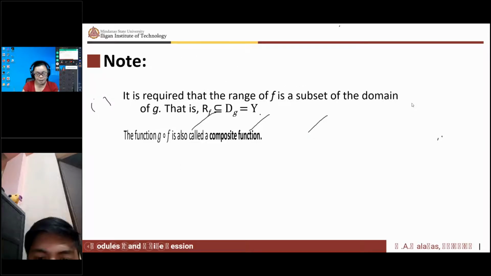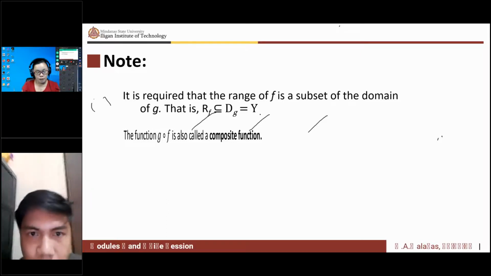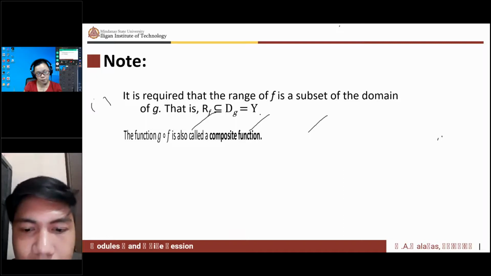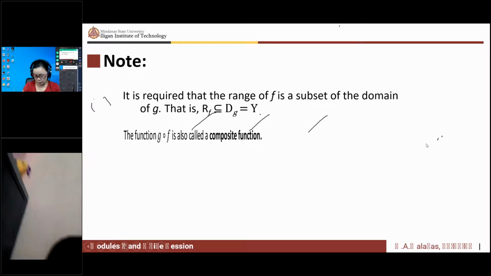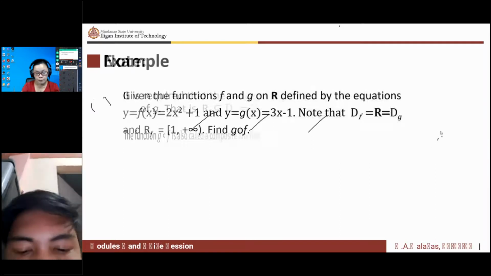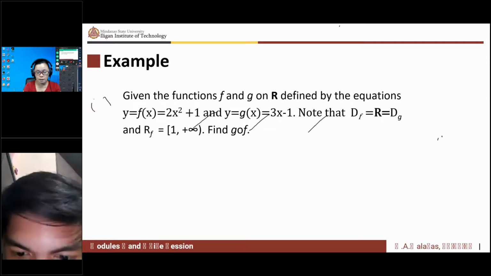Like I said, it is required that the range of f is a subset of the domain of g. We also call the composition function, for a simple term, the composite function, g circle f.